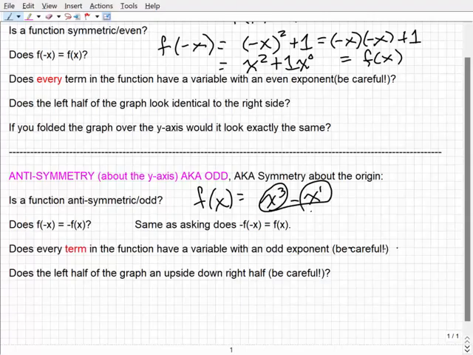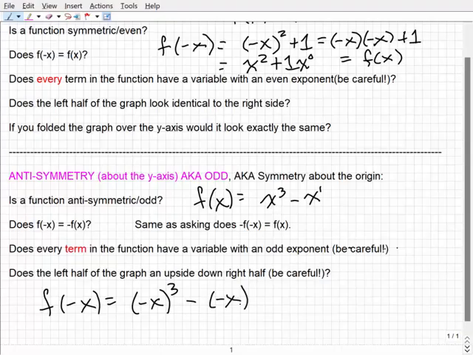Every single term has an odd exponent, and if I replaced x's with negative x, like this, what would happen? Well, 3 minus signs. Here's another minus sign. Each term is going to have an extra minus sign compared to the original.